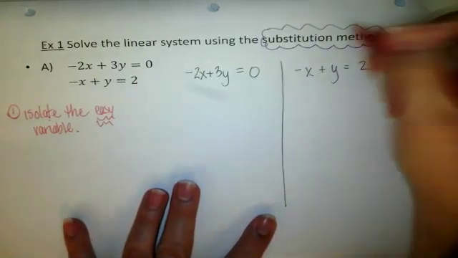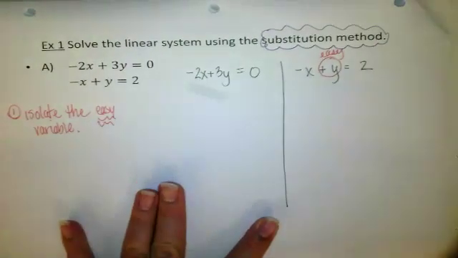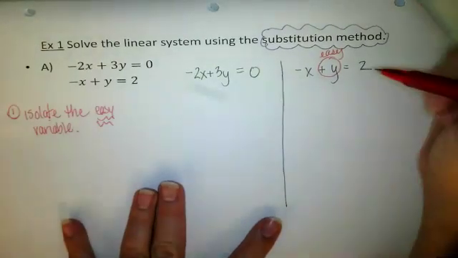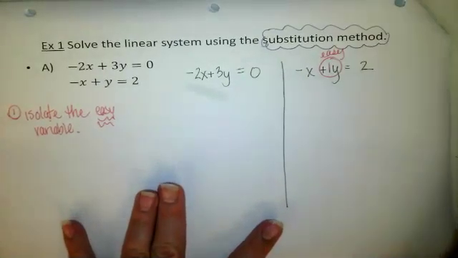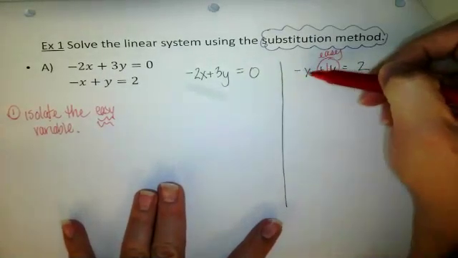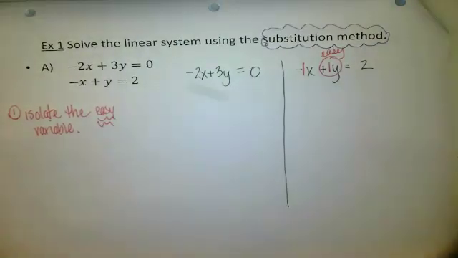The y on the right side, this guy. Sure. Why do you think this guy is the easy variable? There's no coefficient. Yeah, the coefficient is a positive 1. This coefficient on x is a negative 1. Both of those are pretty easy, but would you say that positive 1 is easier than negative 1? Sure, right? That makes sense.